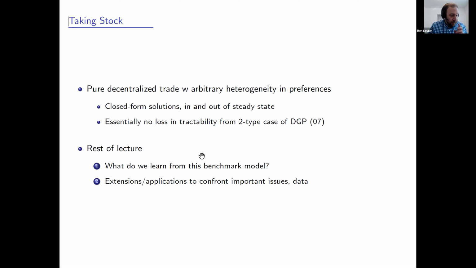So it looks like I have about half an hour left, so let me do two things. Let me walk you through how this benchmark, the simplest version of this model, works, just to show you some of the things that you can squeeze out of this simple model.